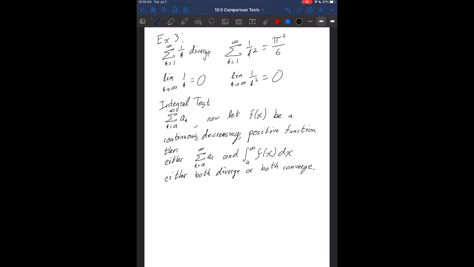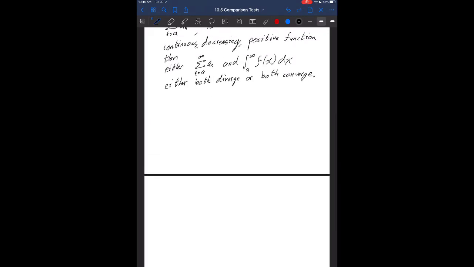So this is a lot more powerful than the divergence test, because if this integral converges, that means that the sum is going to converge, and vice versa, right? If the integral diverges, the sum is going to diverge.